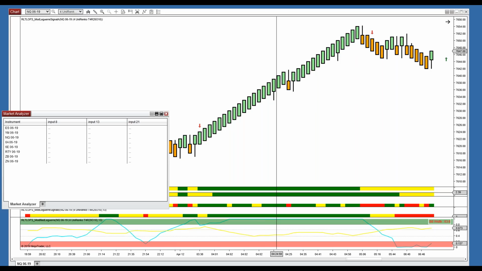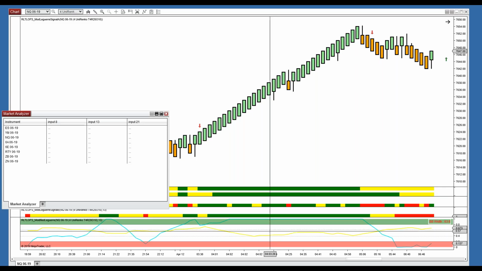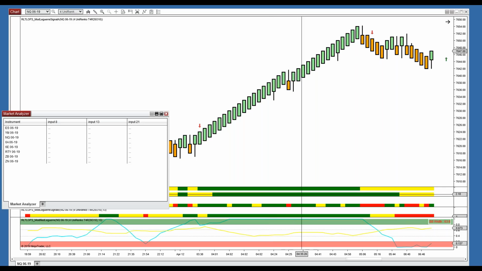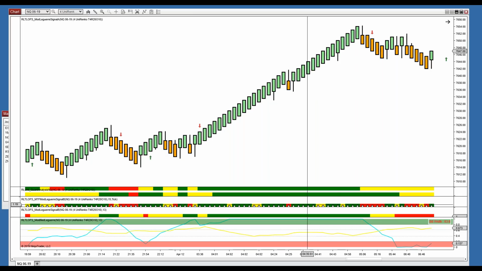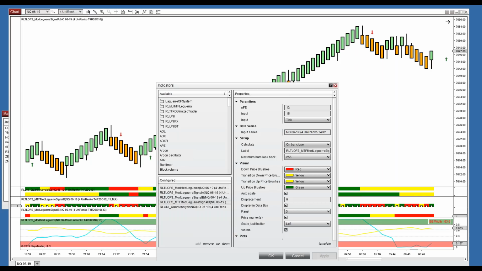Like if you want to trade crude oil, this has to be individualized. If you want to trade the NASDAQ, it's individualized. Every one of them is unique. Let me set this up. This input is wrong. Let me just fix it.